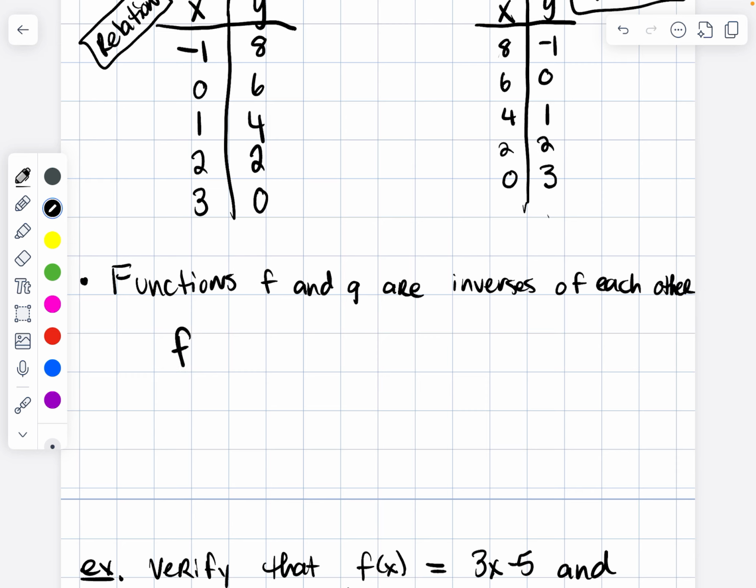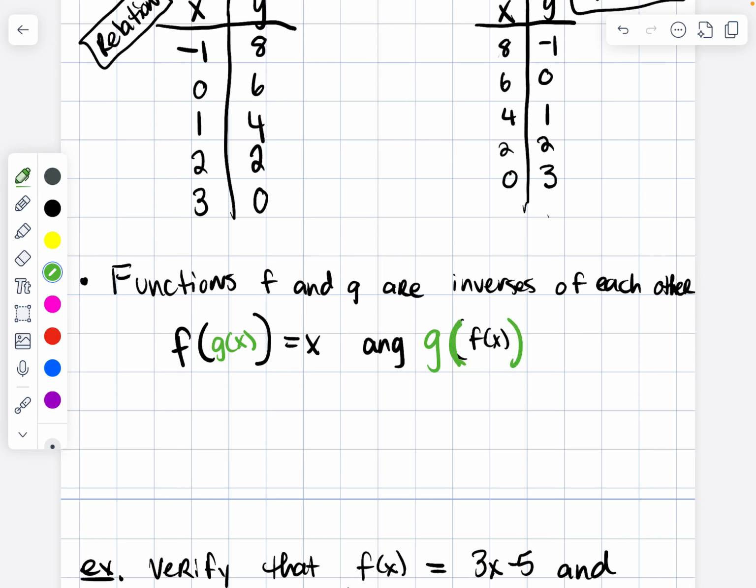when we compose f with g of x, I like to put g of x like this. Think of it as g of x is the new domain of the function f. When we compose this and we get x, and when we have our g of f of x, trying to get colors right, guys.